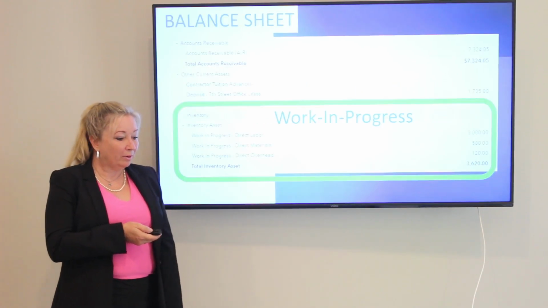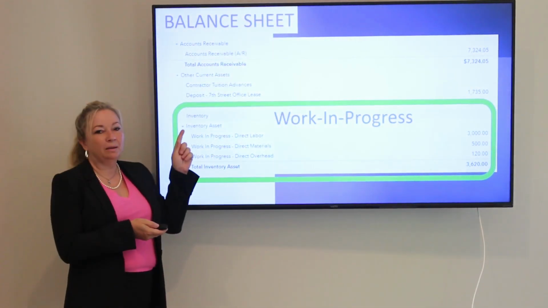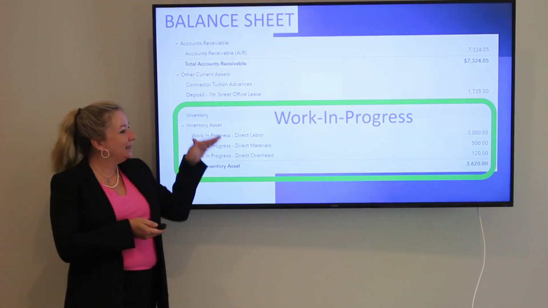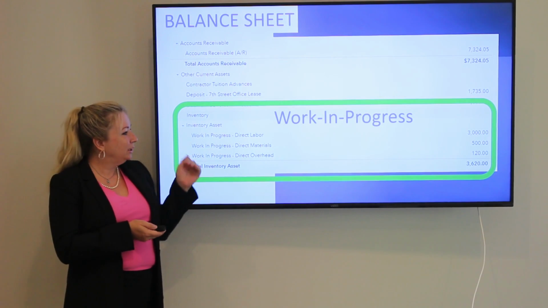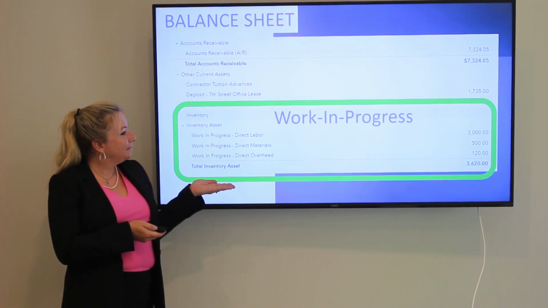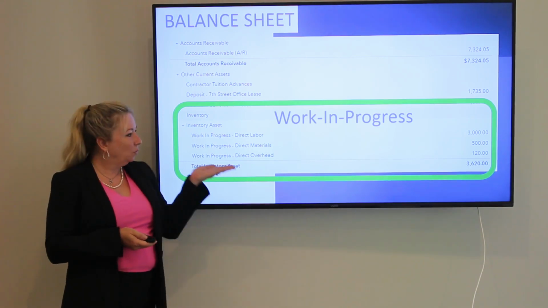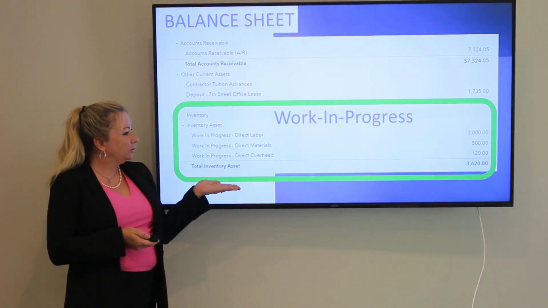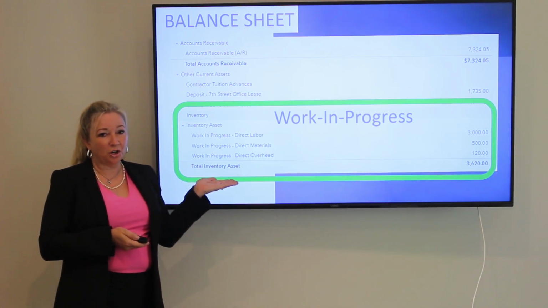So, what we're talking about now is the balance sheet, and we're talking about inventory. His plants went into inventory. They did not go to cost of goods sold. And when you have things in inventory, you have work in progress. You have work or inventory in anticipation of a future job.